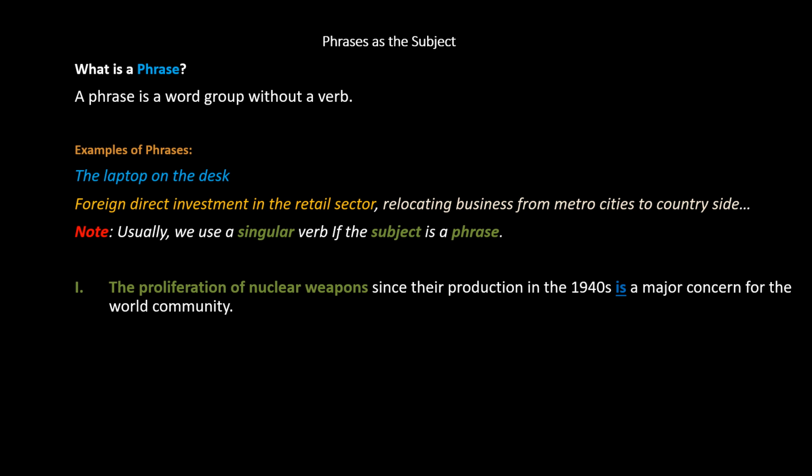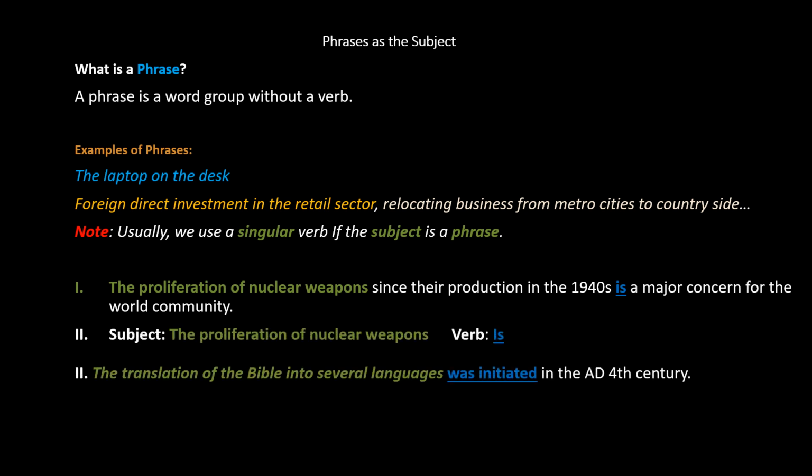In this sentence, the subject is the proliferation of nuclear weapons and the verb is. Let us look at one more sentence. The translation of the Bible into several languages was initiated in the 4th century. In this sentence, the subject is the translation of the Bible into several languages and the verb is was initiated.